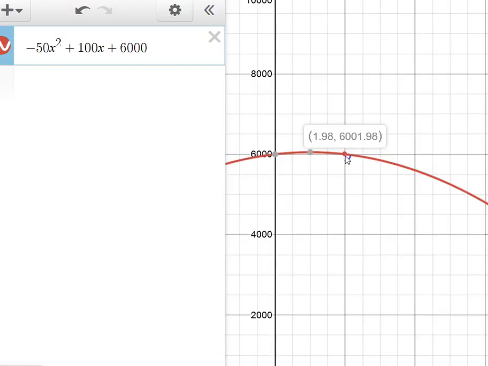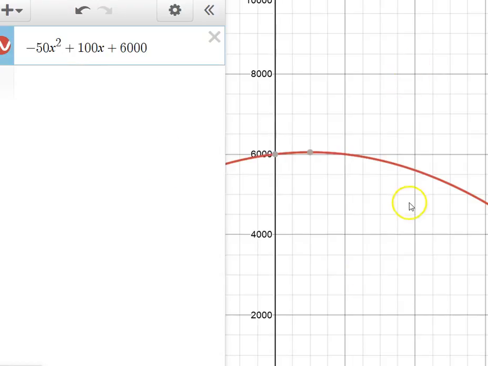So if I sold a $6 ticket, 2 50% increases, my revenue is going to go down to $6,001. All right, so it looks like the maximum profit is going to take place at the vertex, which is, again, just a 150% increase. Okay, I hope that made sense to you.